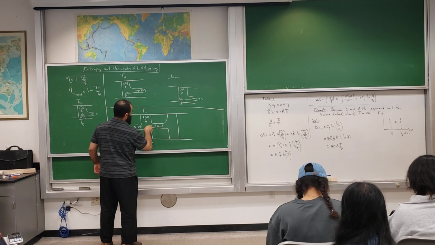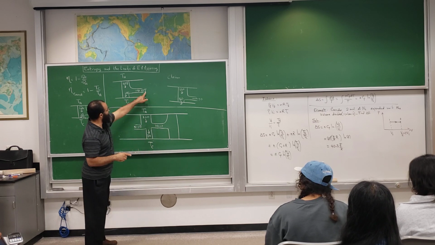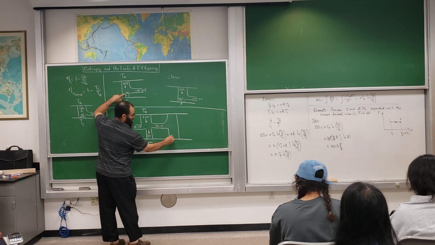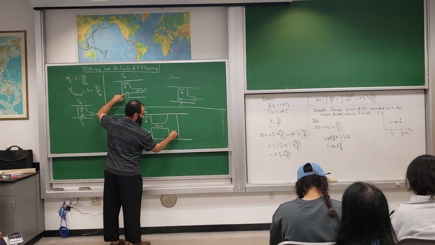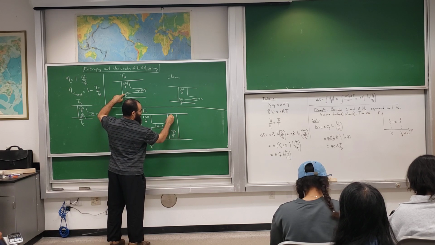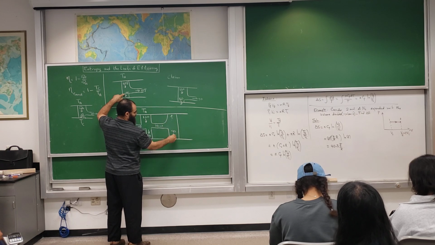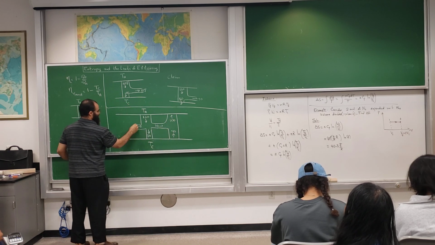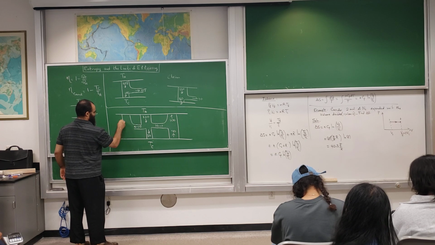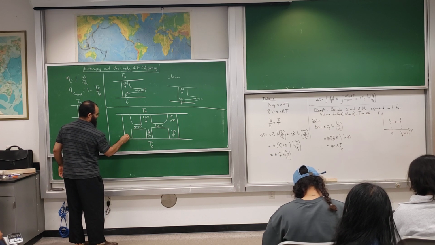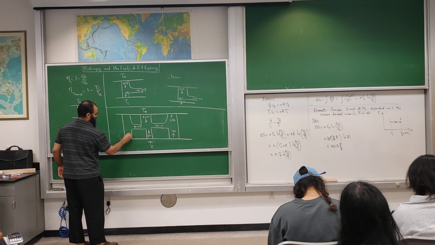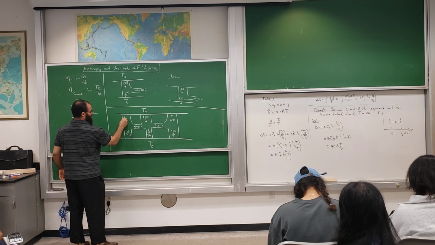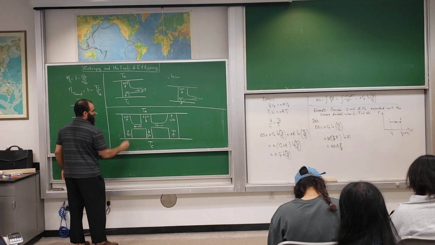If I run this one in reverse, what do I remove? 90 joules from here. And then I will dump how many joules of heat here? 90 plus 10 is 100. And then the same thing for this one. I run it with 10 joules, so I remove 90 this way, and then I will throw 100 there.